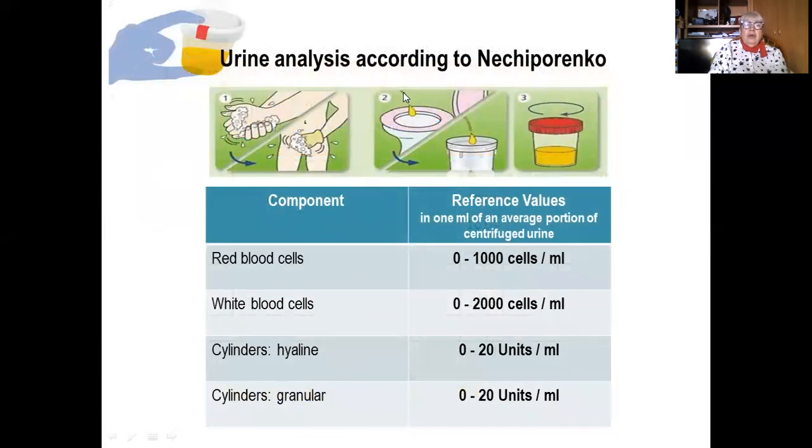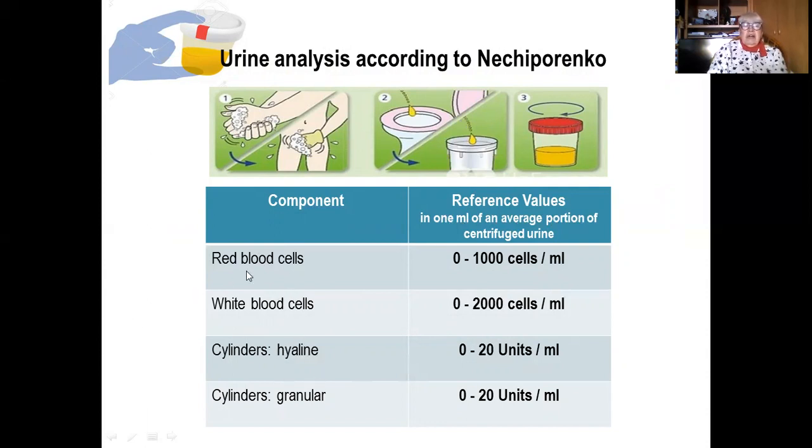So let's go on to the test according to Nechiporenko, which helps us to understand where the disorder is from, the kidneys for the first, because it will be the average portion of the urine gathered for the lab test, and it will be 1 milliliter of centrifuged urine, sediment exam for red blood cells, white blood cells, and casts.